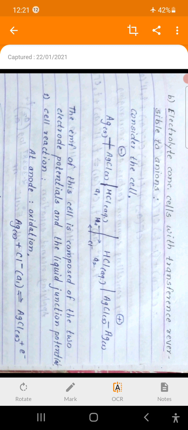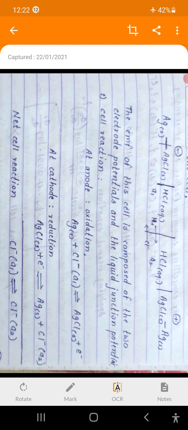The two solutions are separated by a single line, which means a semi-permeable membrane that allows passage of ions, so the two solutions are considered in direct contact with each other. Therefore this is an example of an electrolyte concentration cell with transference reversible to anions, because Cl minus is common to electrolyte and electrode.